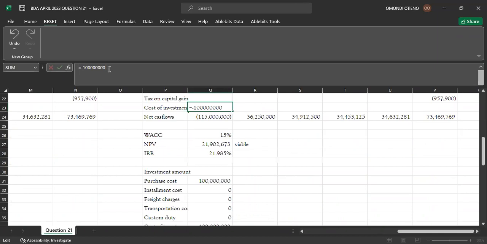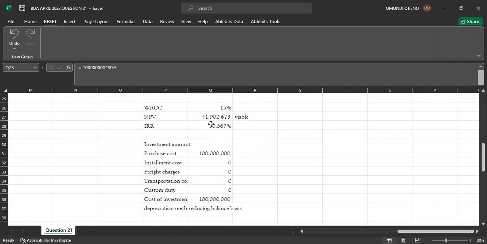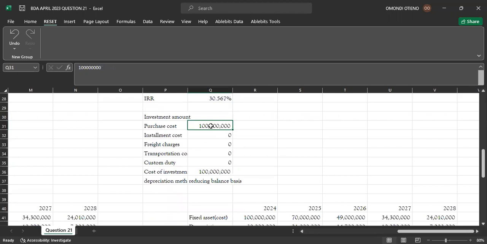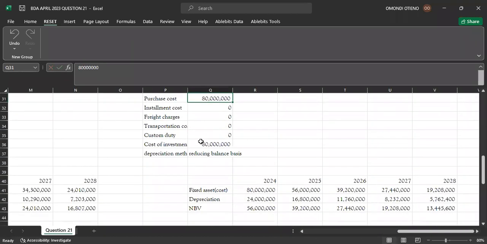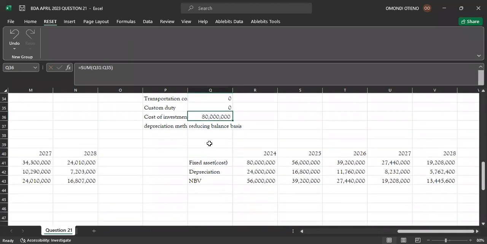Then you multiply by 80% because it is being reduced by 20%. So that's the new cost of investment. Then I come down here, anywhere that I was having cost of investment, it is going to be 80.